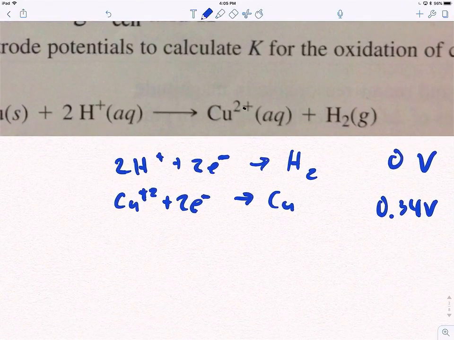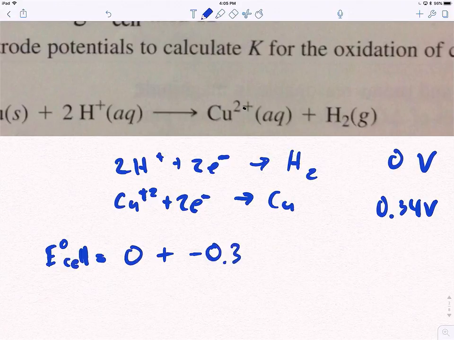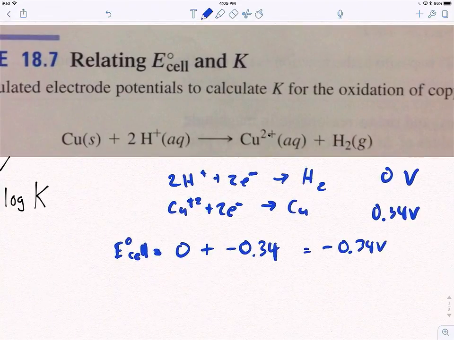So that means our E0 cell is 0 for the hydrogen plus a minus 0.34 for the copper, which is minus 0.34 volts. Does everybody understand how I got the E0 cell?